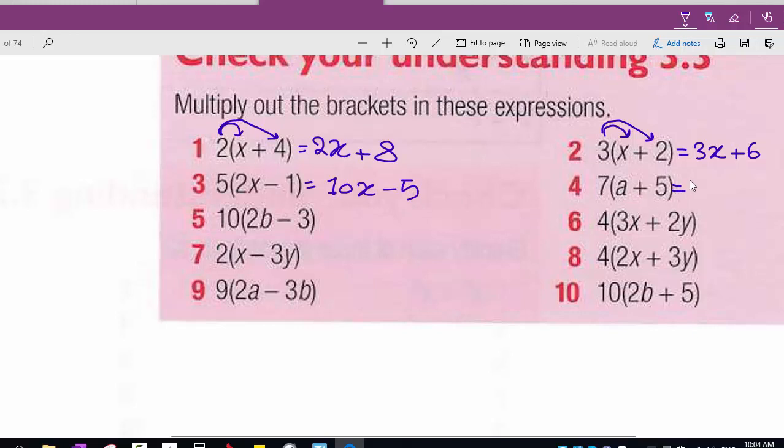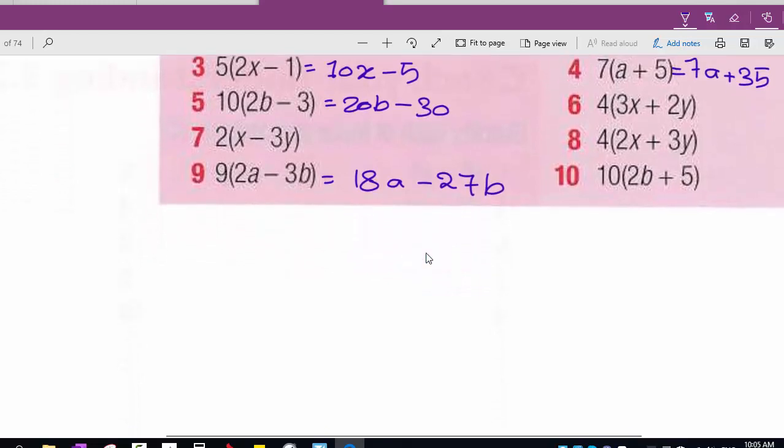It's obvious that we will have 7a plus 35. 10 times 2b will be 20b minus 30. 12x plus 8y, and so on. 2a times 9, that will be 18a, minus 9 times 3, 27b. The rest is homework. Make sure to do it and check your answer.